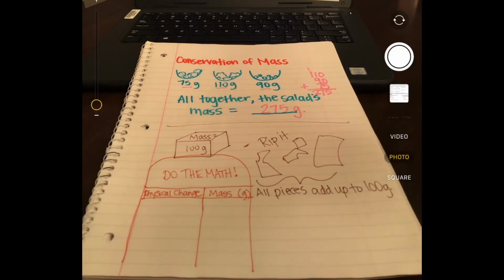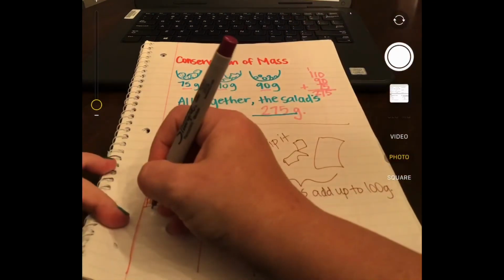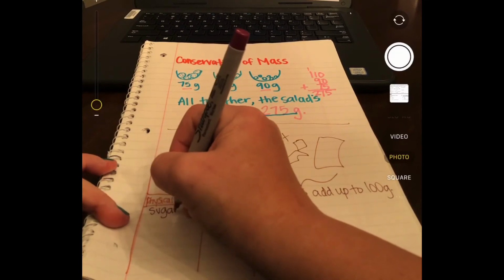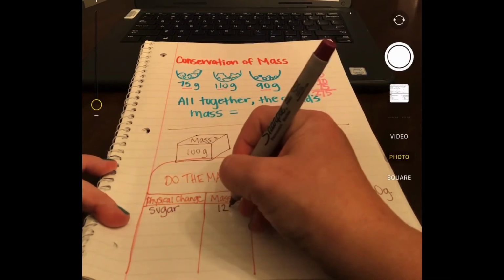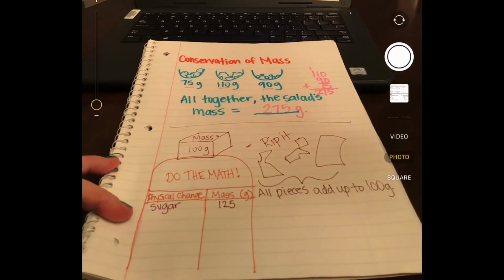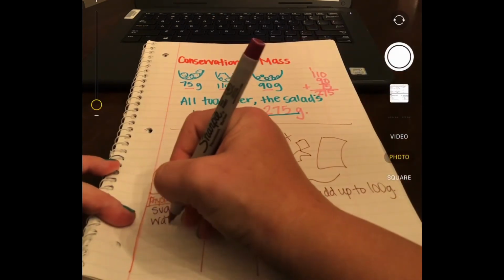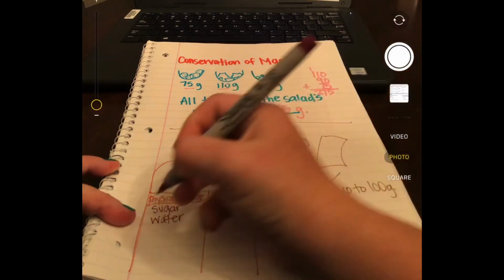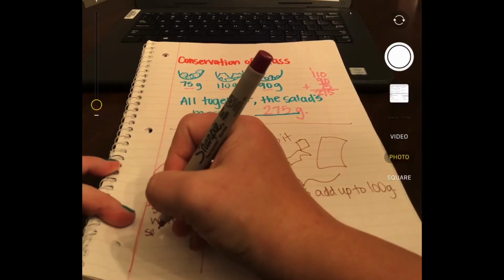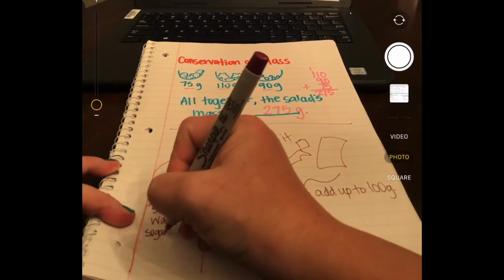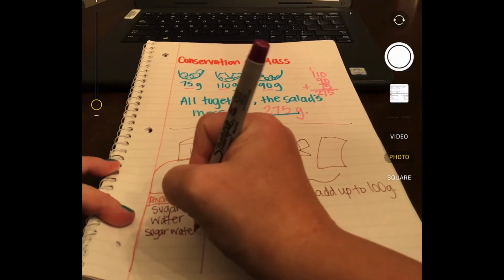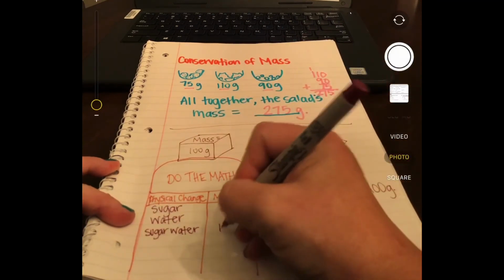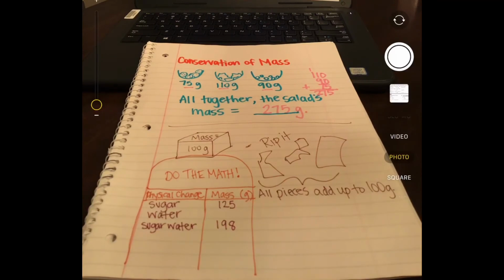We're going to go ahead and list, not title, but list sugar as 125 grams and water as a mystery, we're not sure. So that's our variable that we don't have yet. But together, we know the sugar water is 198 grams.